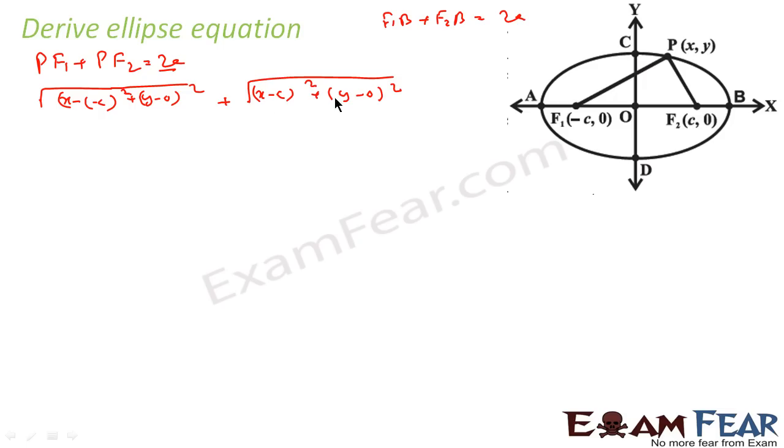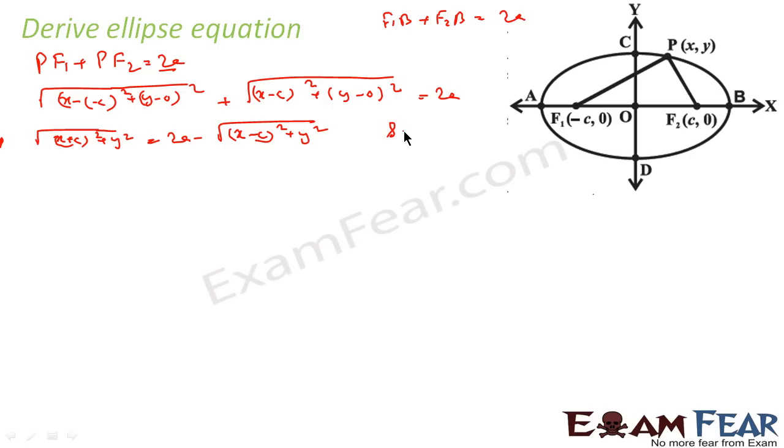And this is equal to 2a. So I'll rearrange this: I get root of (x plus c) square plus y square on one side, and this becomes 2a minus root of (x minus c) square plus y square.